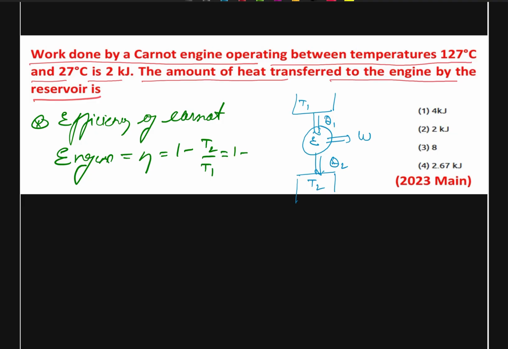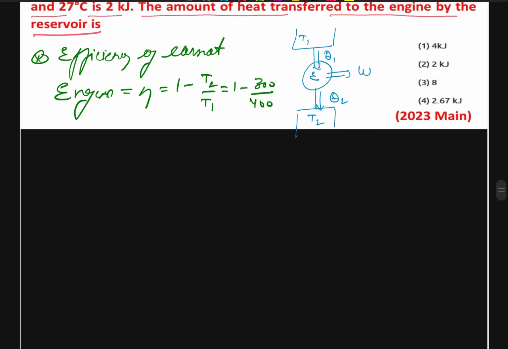T2 is 27 degrees centigrade, so this will be 300 Kelvin. T1 is 127 degrees centigrade, so that will be 400 Kelvin. Therefore we get that efficiency is equal to 0.25.